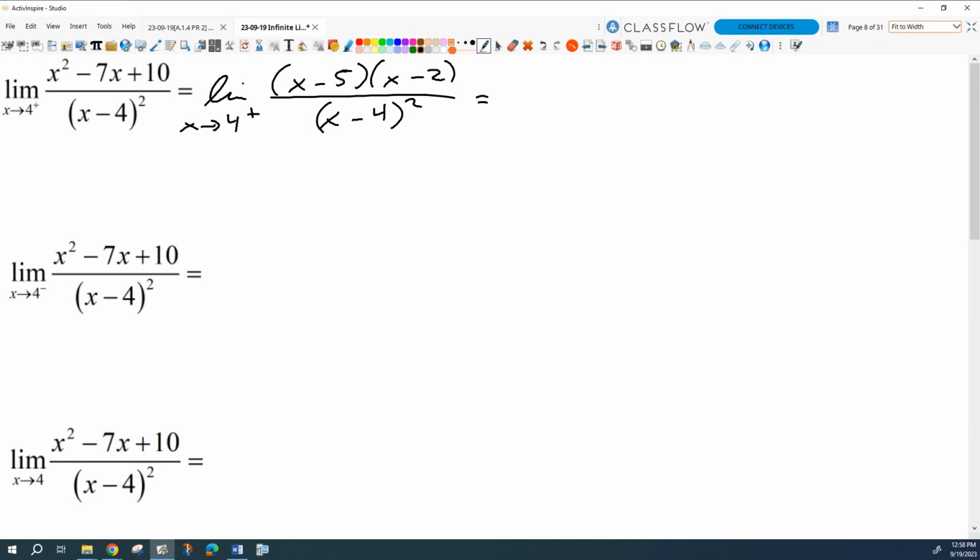Small positive number. So on the bottom, we're going to get 0 plus, and we're going to square it. On the top, we're getting negative 1 times 2. Agreed? Did I do that right? And so on the top, I get negative 2. What is 0 plus squared? 0 plus, isn't it? Small positive number squared is a small positive number. So what's the outcome there?